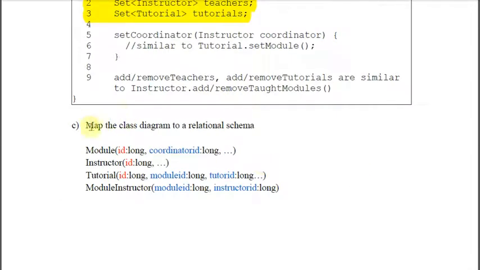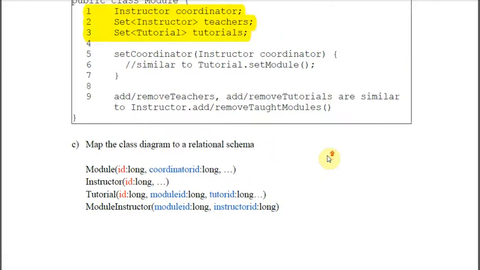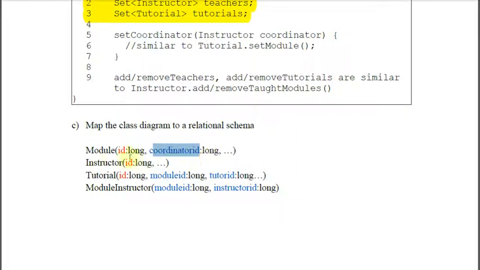For question C, map the class diagram to a relational schema. First, we have module, instructor, and the tutorial. Each has an ID as a primary key. And for the module, because it has a coordinator, it has a foreign key coordinator from the instructor.